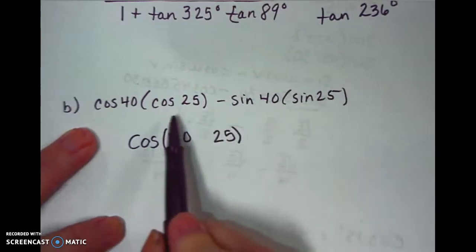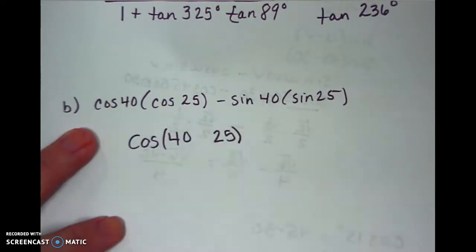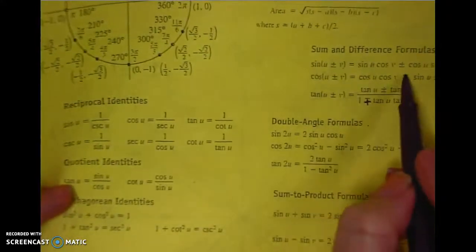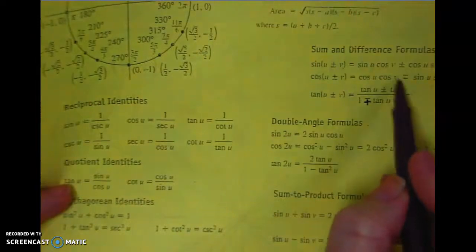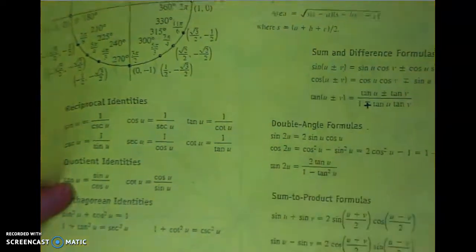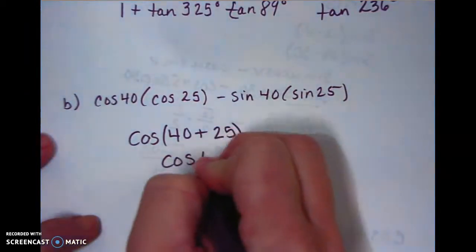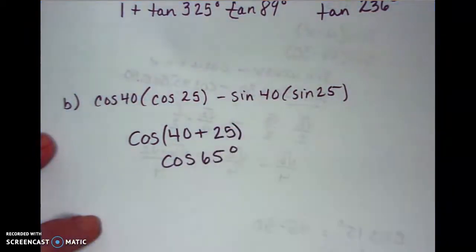Now we need to decide if it's plus or minus. This is a subtraction sign here, so I look at cosine. When it's subtraction here, that's the top symbol. Over here, the top symbol is plus. So I was looking at the cosine of 65 degrees.